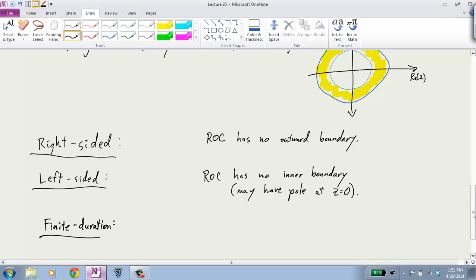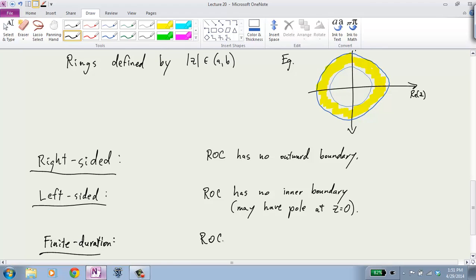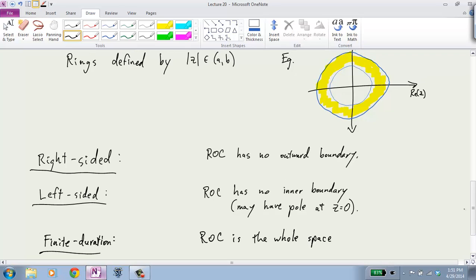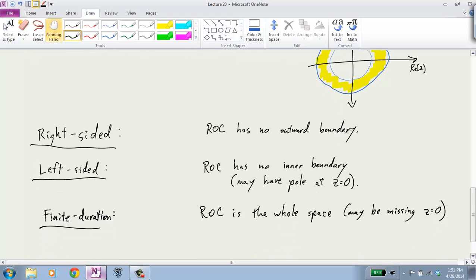So, of course, the ROC is the whole space, though it might be missing z equals 0. Otherwise, it's the whole space. So it's just similar to what we learned. We won't dwell on that too much.